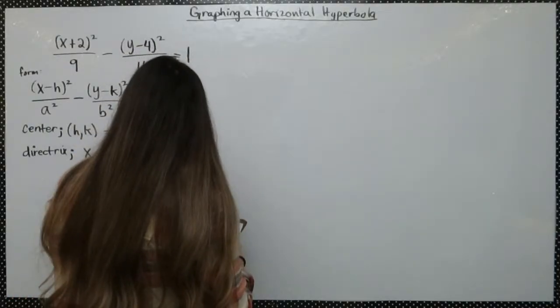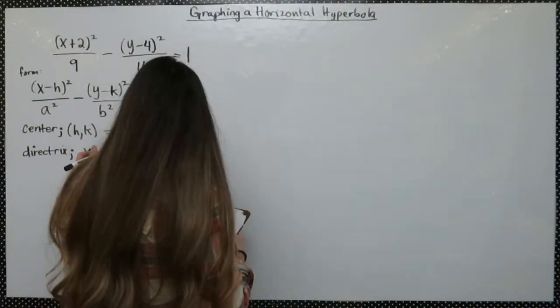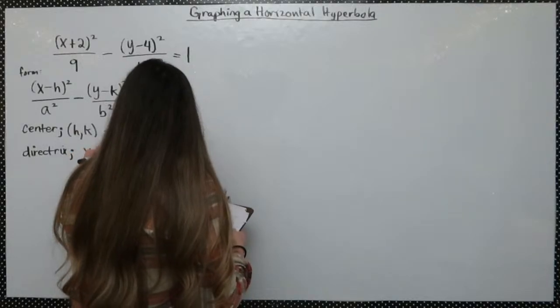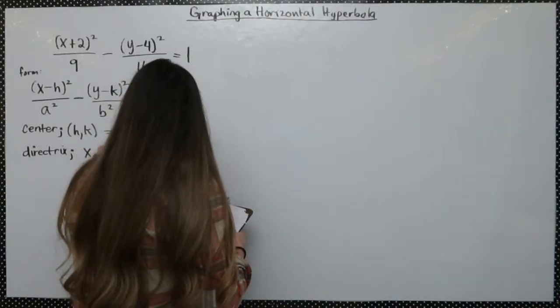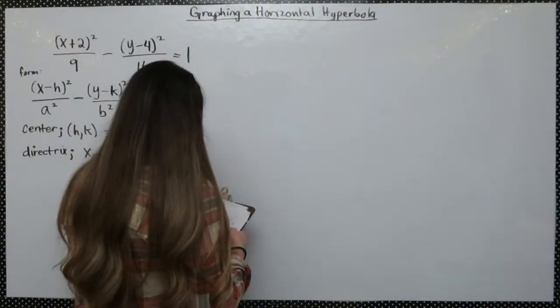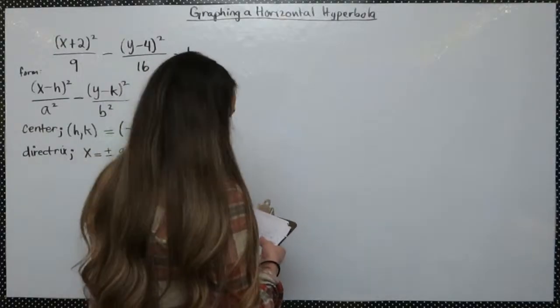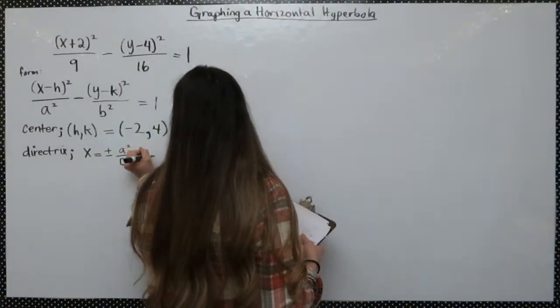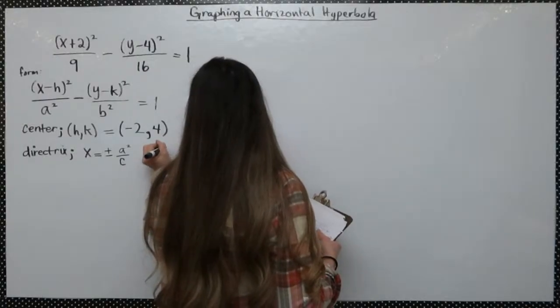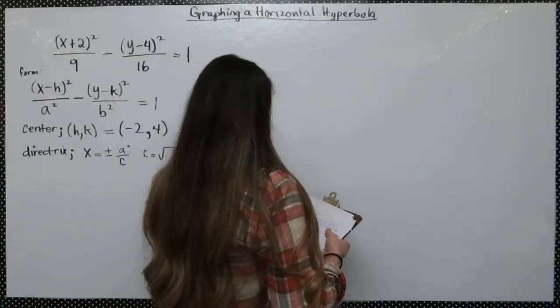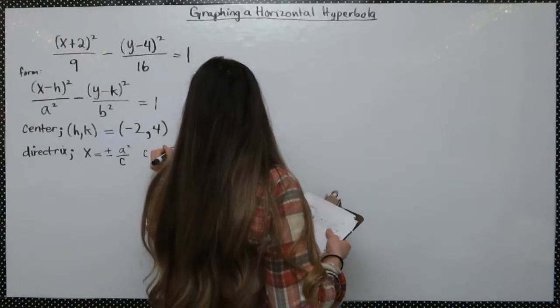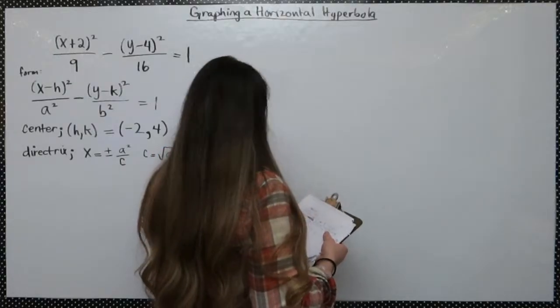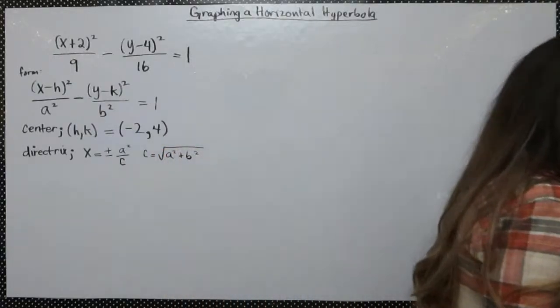All right, so x equals plus or minus a² over c, and c is found using the distance formula, so it's the square root of a² plus b². Okay.